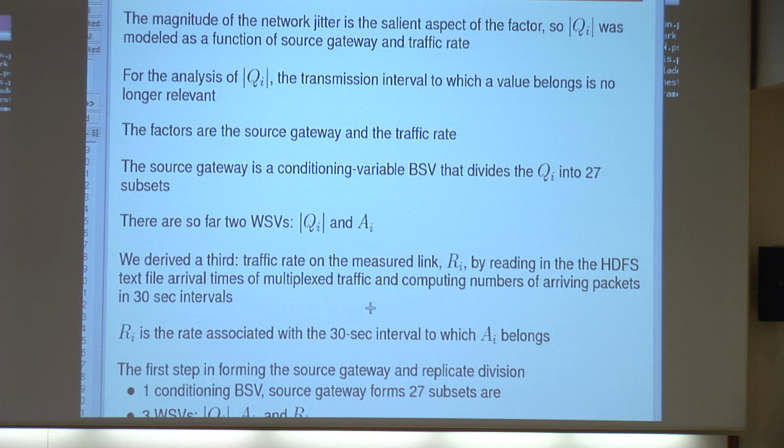So we have to go back to, let's say, the basis division. This is the raw data. If we're going to compute a packet rate on the link, we have to use each and every packet that appeared. The way it was actually computed, at least this is my understanding, we read the HDFS arrival times in the text files into R and computed the rate.